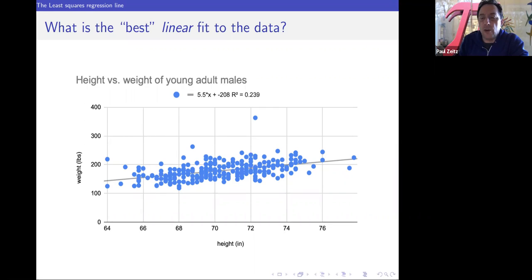So that's where this line comes from. How it's computed, the details of that in many ways are unimportant. But I think the best way to think of it is to internalize this physics idea of least energy. So imagine you have springs dropping down onto the fit line, and the fit line will stabilize when the energy is minimized, when everything balances.